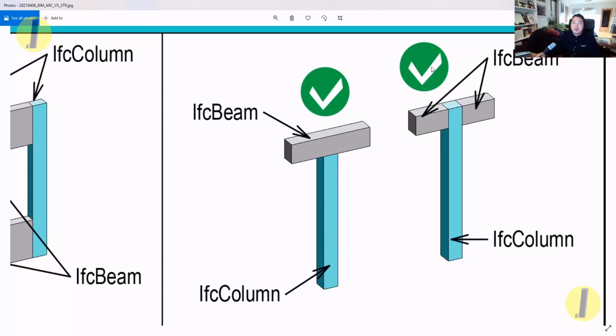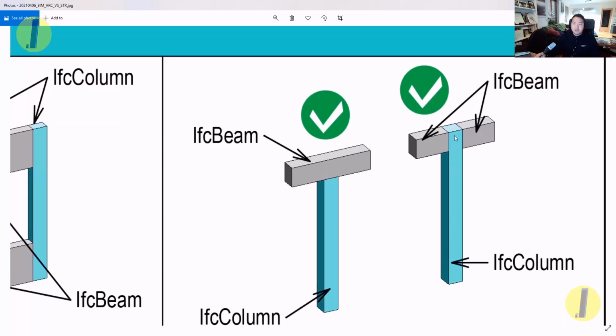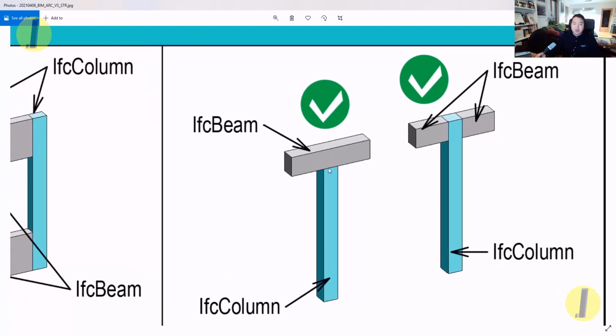But many structural offices also model the column on top of the beam, and they calculate this sort of analytical model in their FEA calculation software, because it will give a little bit better result. But for the reinforcement detailing, of course, the left hand side is more correct.